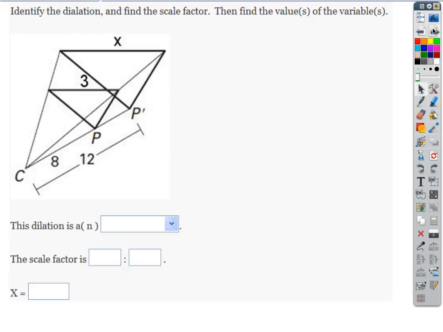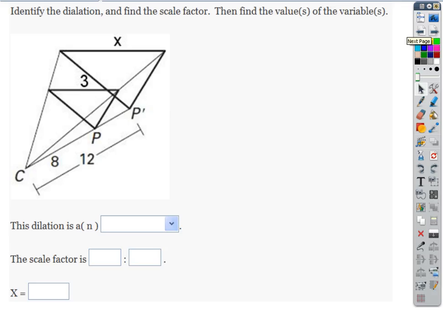What about this? These look kind of confusing, but if you pause and just stare at that for a second, it's not that big a deal. Okay, is that dilation, first of all, an enlargement or a reduction? Enlargement. How come? Okay, good. Because the prime version is the bigger version, right?